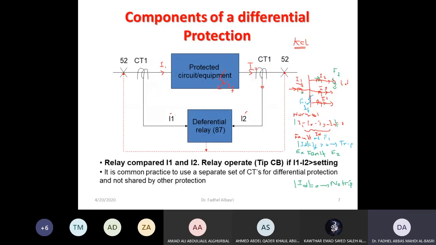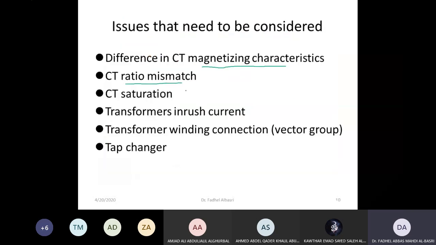I'll show you examples, inshallah. Saturation of one CT could also lead to a differential between relays. Inrush: we have a transformer, and during starting you have primary current, but you don't have secondary current. This relay will see it as a fault, but this is just a normal operating condition of switching a transformer.